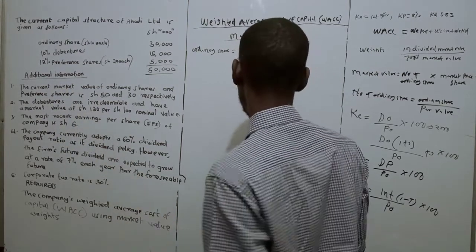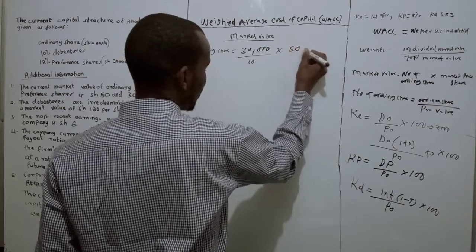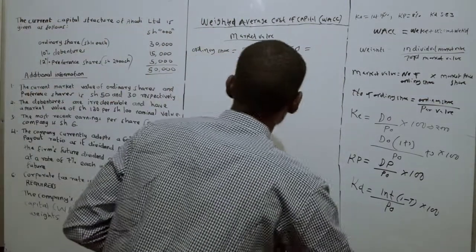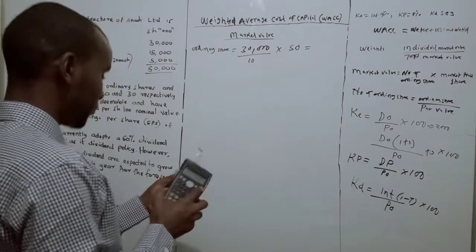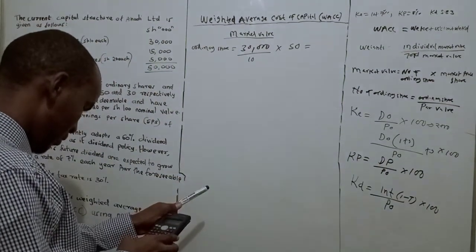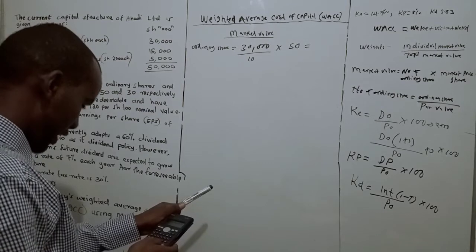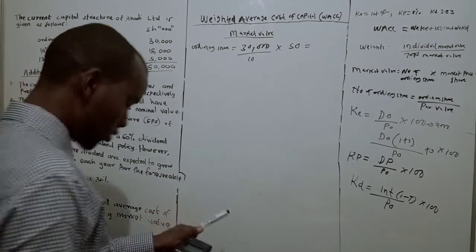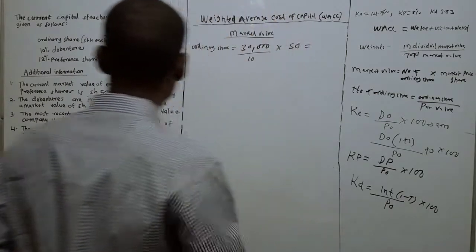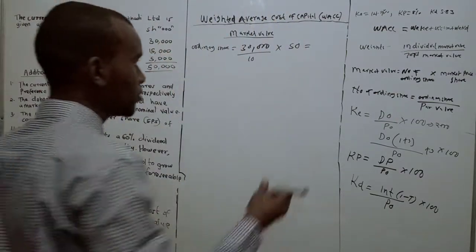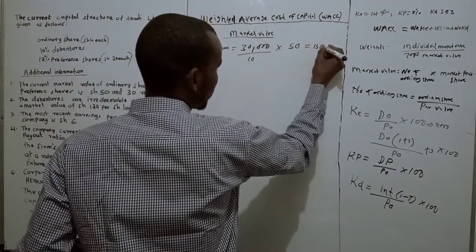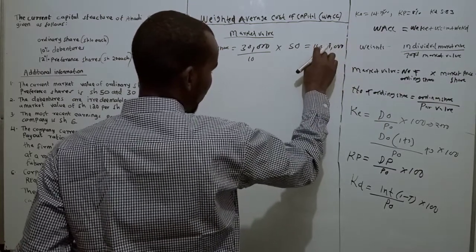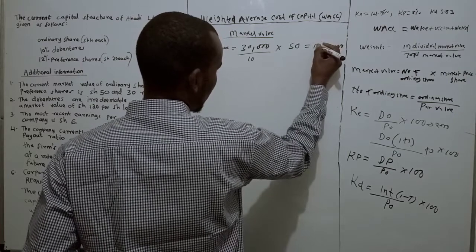If I take my calculator, 30,000 divided by 10 multiplied by 50, I'm getting 150,000. Remember, these figures were in thousands, so it's going to be 150 million.